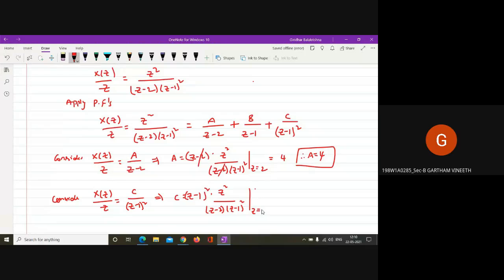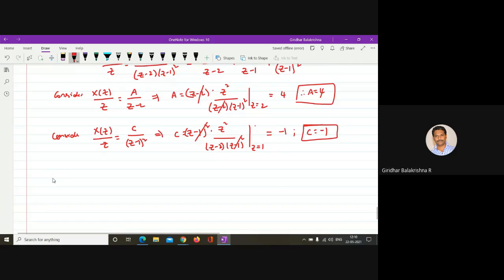What is the value of z here? 1. Therefore (z minus 1) whole square gets cancelled. If we substitute z equal to 1, 1 square is 1, by 1 minus 2 is minus 1. Therefore the value of C is minus 1.